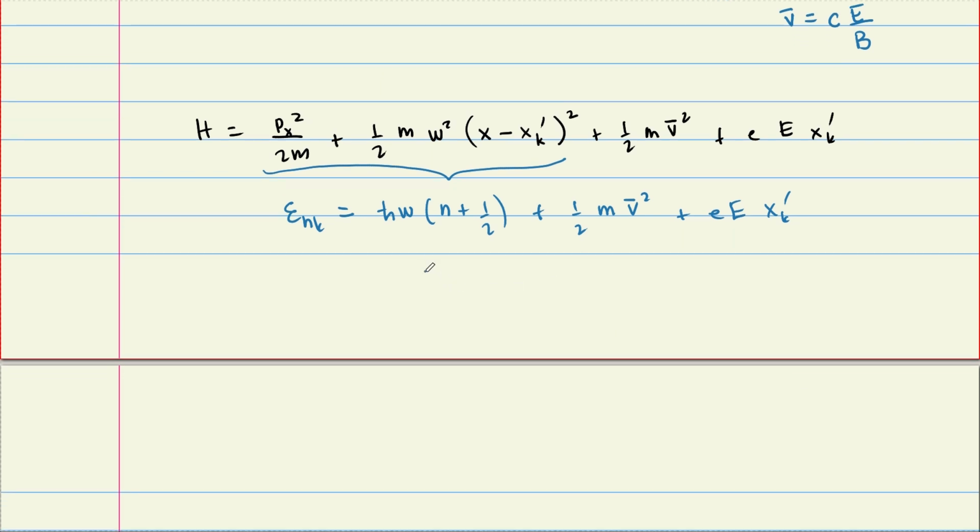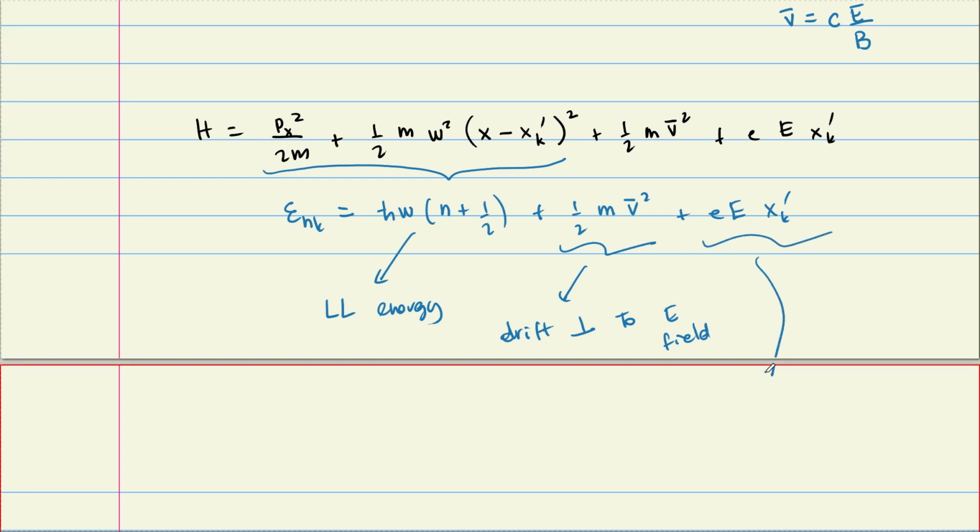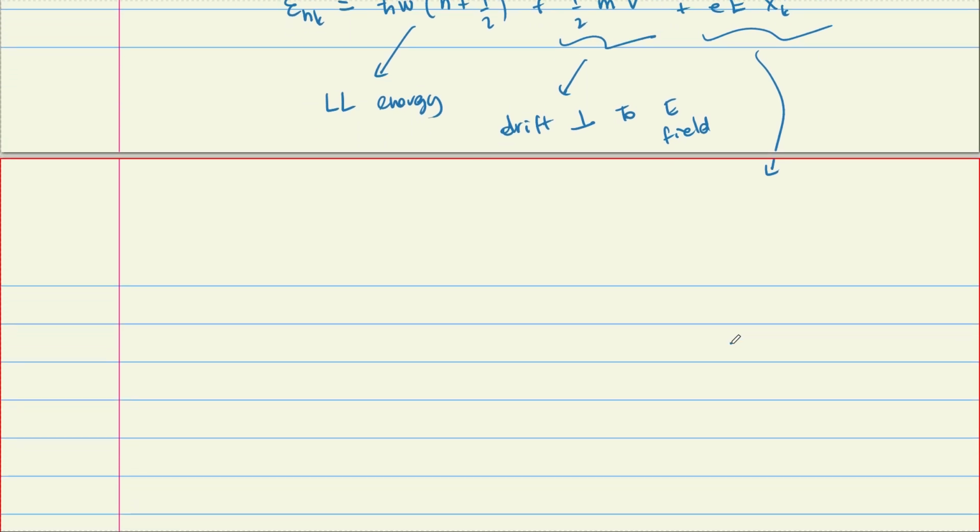So this first one is Landau level energy. So this one is going to be drift perpendicular to electric field, and this last one is going to be coming from the extra potential we put, and the picture is something like this.